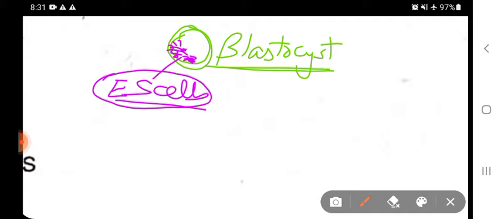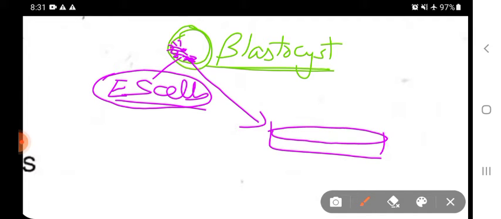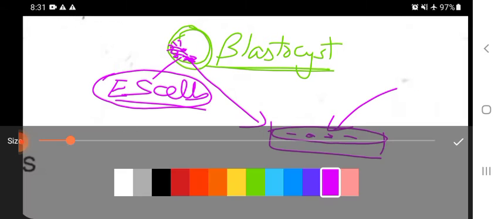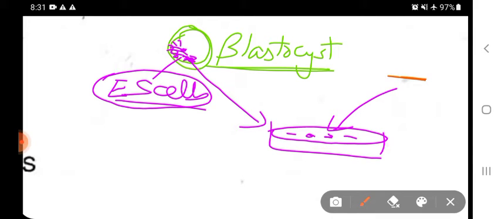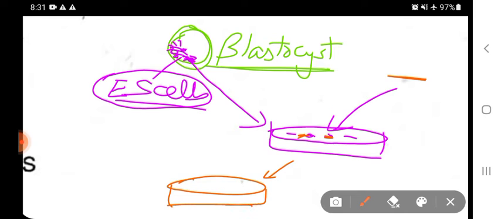So what we do is take out those embryonic stem cells. We culture them in the laboratory and try to introduce our desirable gene into them. Then the embryonic stem cells are further cultured and checked to see which of them are transformed, that is, which have our gene inserted.